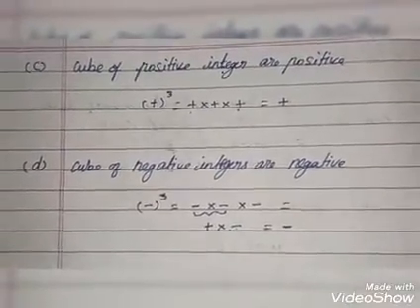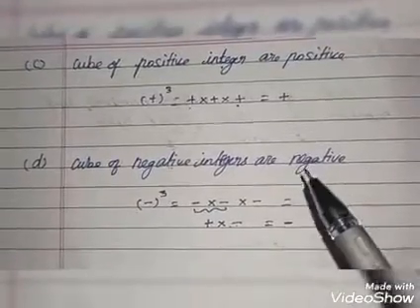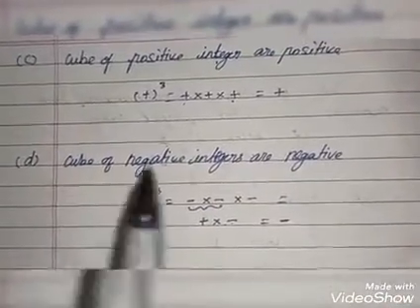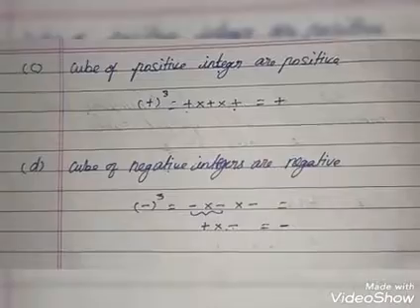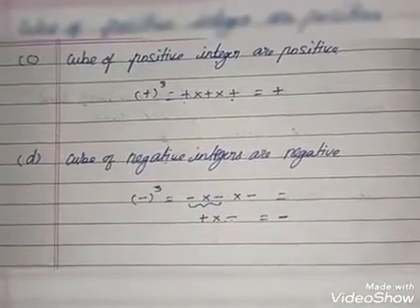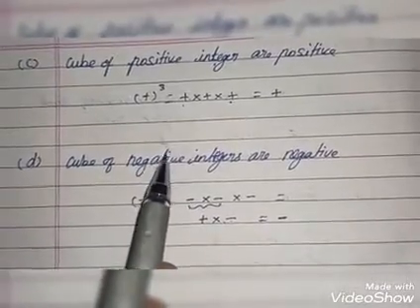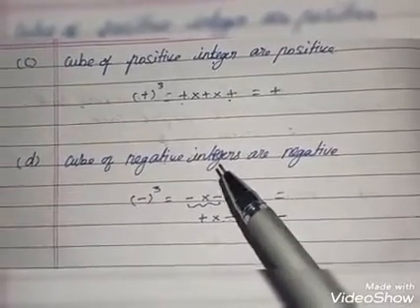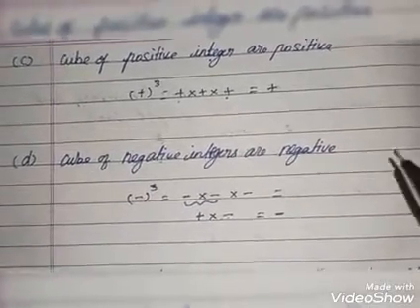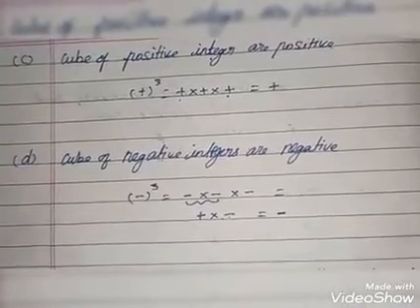So clearly, a negative integer multiplied 3 times gives only a negative value. A positive value, however many times you multiply, stays positive. But with negative integers, if you multiply an even number of times you get positive, and an odd number of times you get negative.